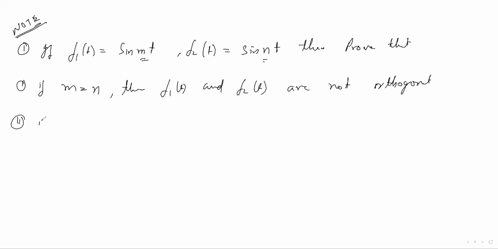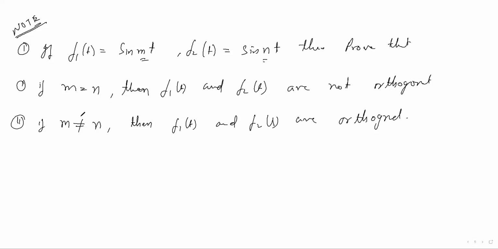Or if m is not equal to n, then f1(t) and f2(t) are orthogonal. Understood? If two signals are similar, meaning m and n are equal, then the signals are not orthogonal. If m and n are not equal, meaning the two signals are different, then those signals are orthogonal.